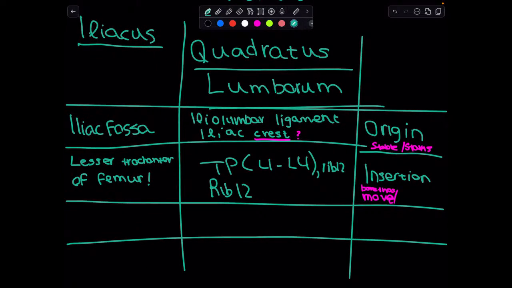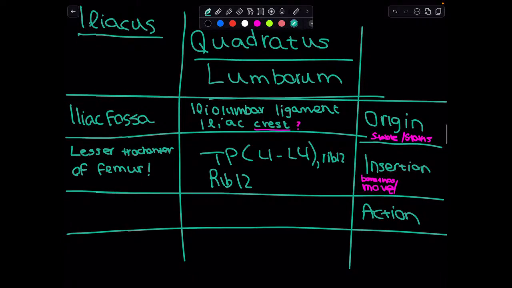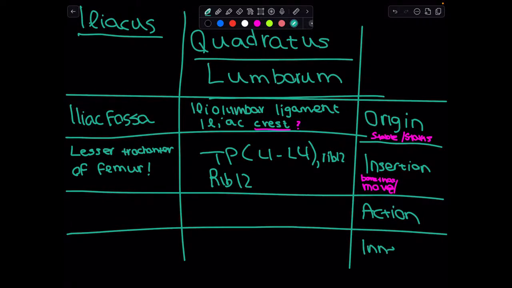Interesting. What about the action of the quadratus lumborum? What does action mean? The quadratus lumborum primarily acts to stabilize the lumbar spine and assist with lateral flexion, which means bending the spine sideways. It also helps in fixing the 12th rib during forced expiration, like when you're coughing or breathing deeply. This makes sense now.